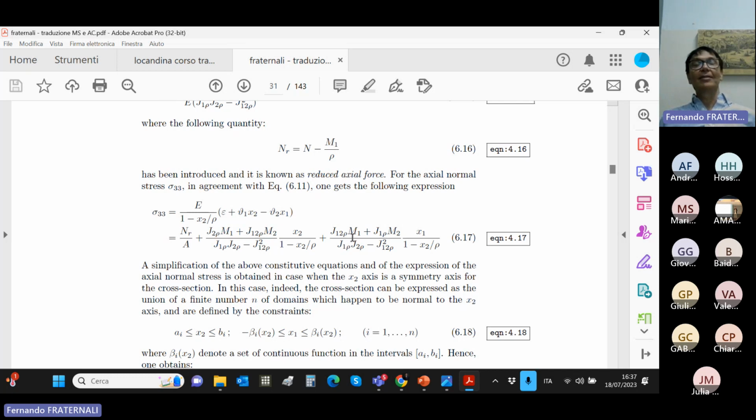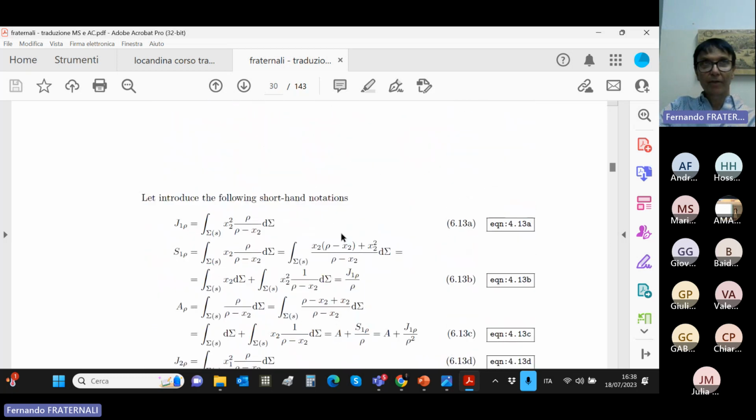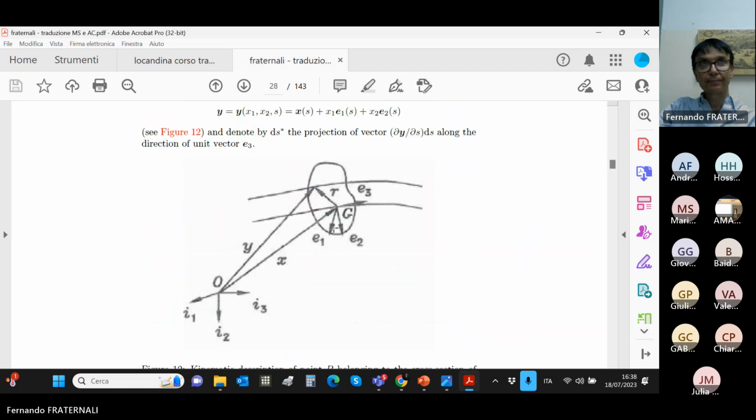Fortunately, in most cases, we can assume that the cross-section has a simpler expression. We can assume that the cross-section is a normal domain with respect to the x2 axis. The x2 axis, when you draw the cross-section, is the vertical axis.